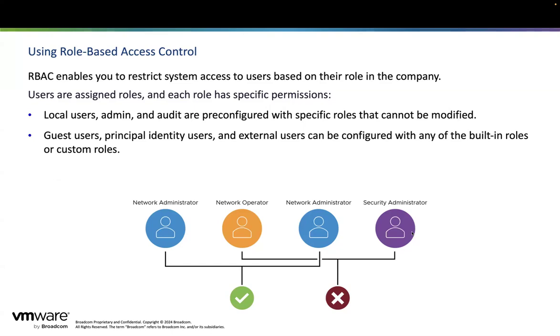Guest users, principal identity users, and external users can be configured with any of the built-in roles or custom roles. It is always a good idea to apply the principle of least privilege, allowing somebody only the necessary permissions to perform the job that they have to do.